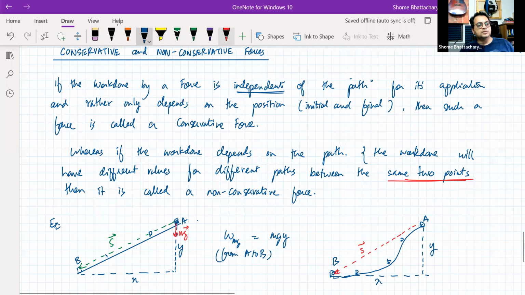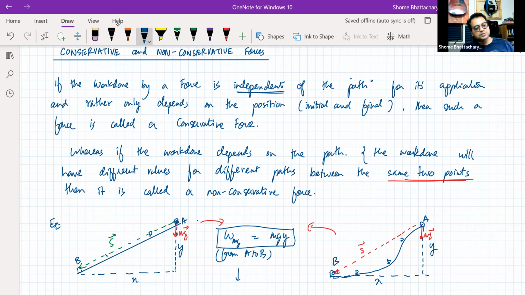But what about the work done by mg in this case also? It's the same, isn't it? So in both of these, the work done is the same. In this example, you can see that the work done by mg from A to B is independent of the path taken from A to B. It only depends on the initial position A and the final position.